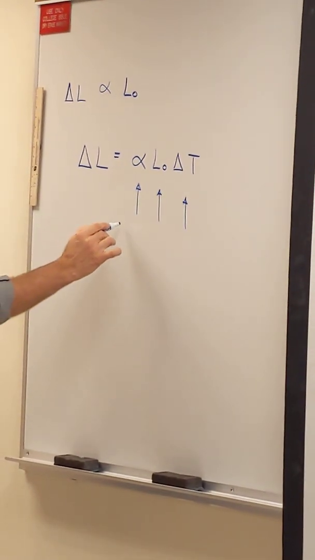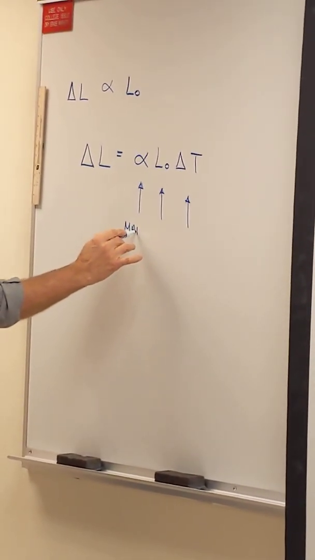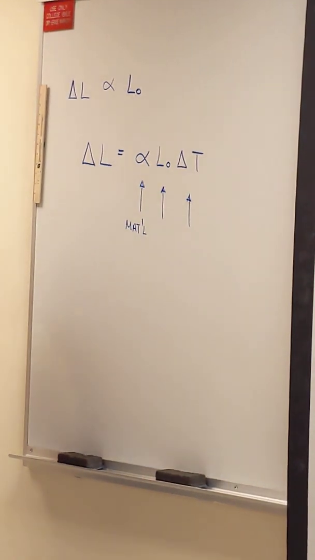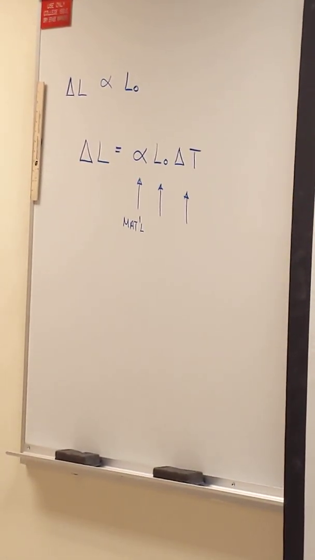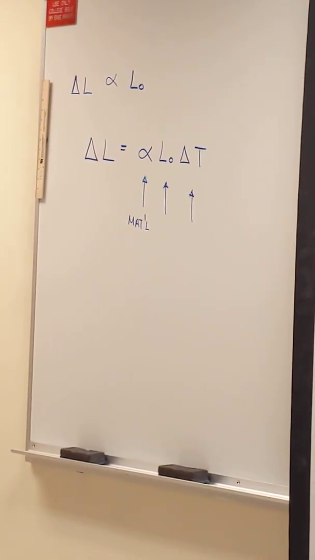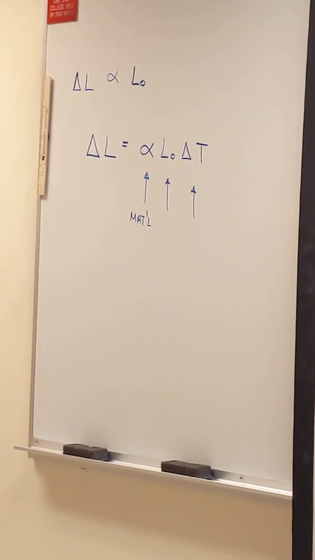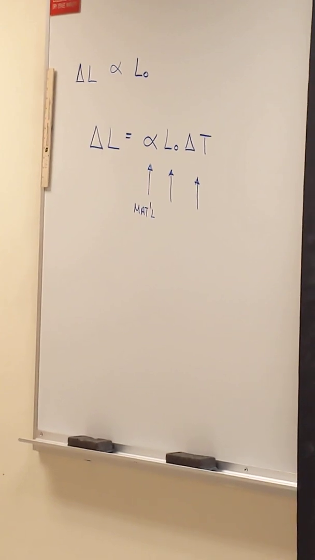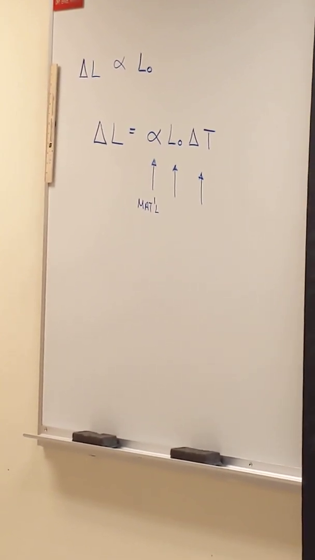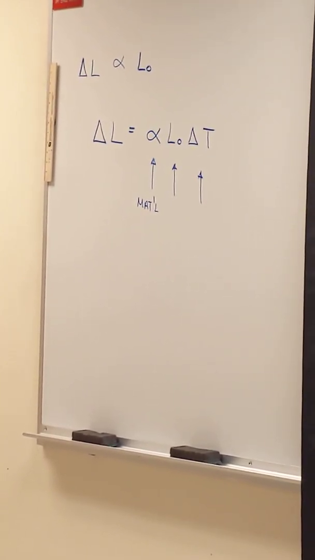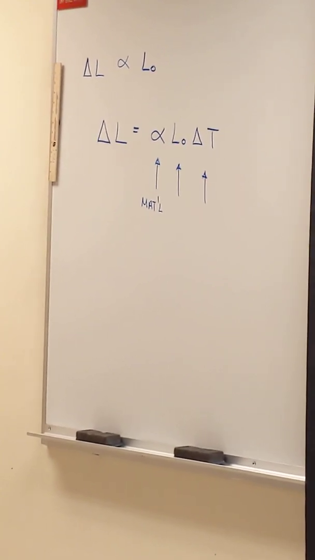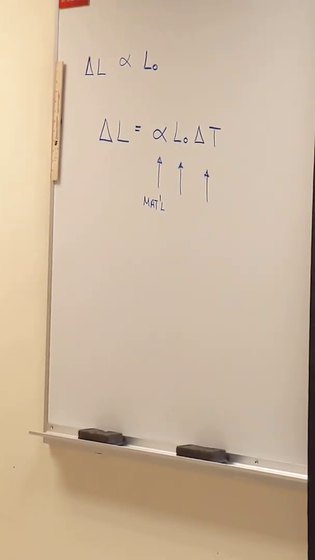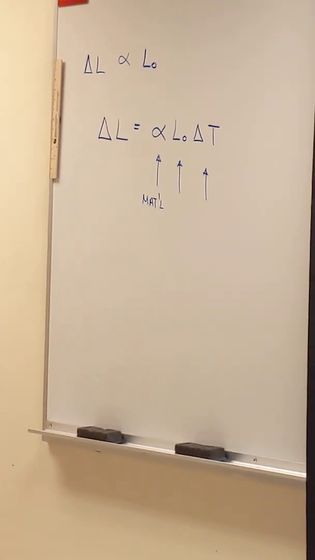Alpha depends on the type of material. So if it's aluminum, it will stretch differently than brass. You guys okay with that idea? Different metals or materials will stretch or shrink differently, everything else being the same. It depends on the material.